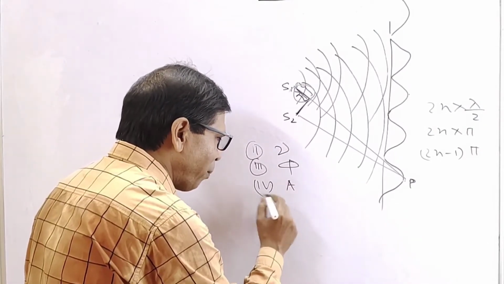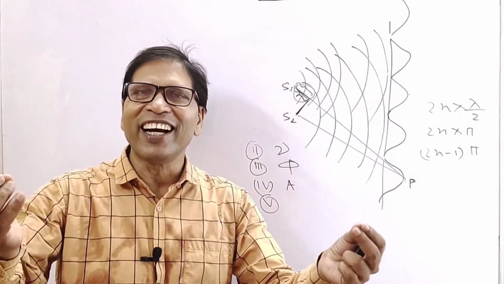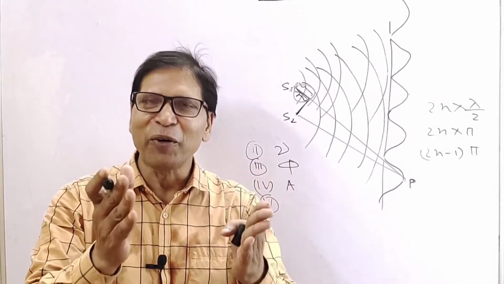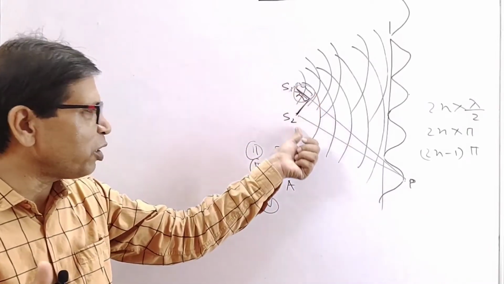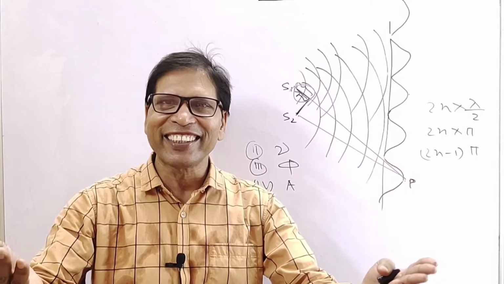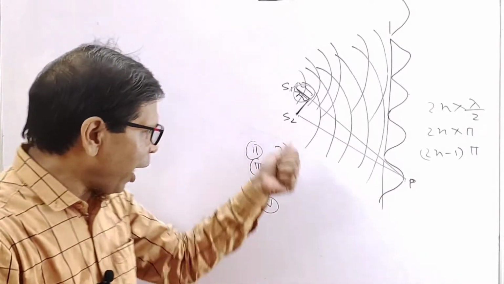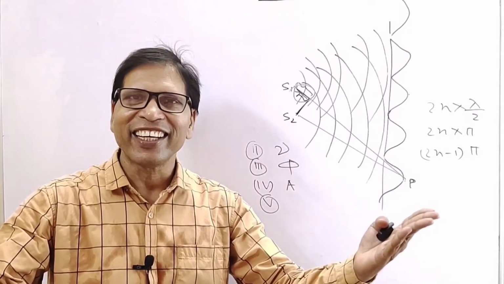Okay? Now number 5, the sources are close to each other. Number 6, the sources are narrow. And number 7, the sources S1, S2 must have same state of polarization. Okay? The sources which obey the above conditions are called coherent sources.